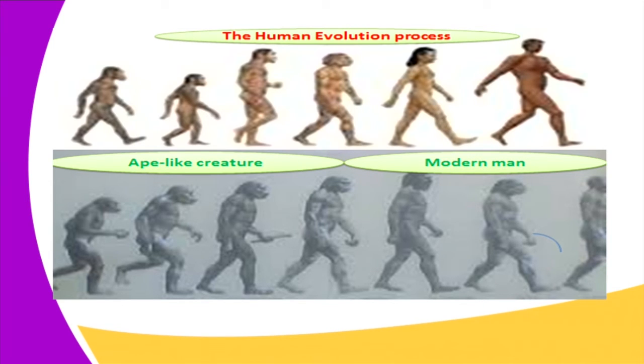The way he walks was determined by the environment so that he can adapt to the new environment. He had to change some physical features, and that's why you can see man walking upright.